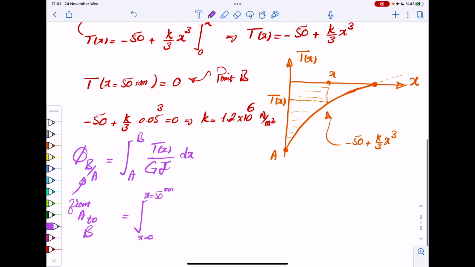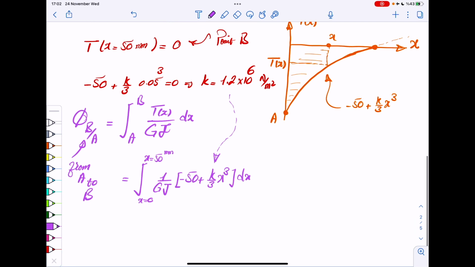Tx is exactly the equation we have up there. So it's minus, G and J are constant, so I will just write it like this. Minus 50 plus k over 3, x cubed dx. But now we know this would be our k, so that would be 0.4 times 10 to power 6, or otherwise, 4 times 10 to power 5.